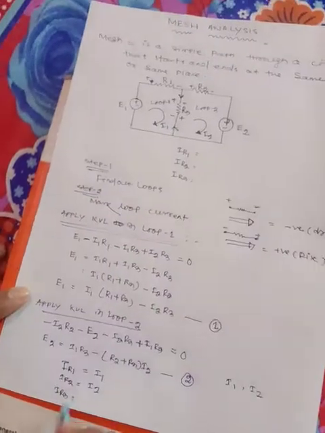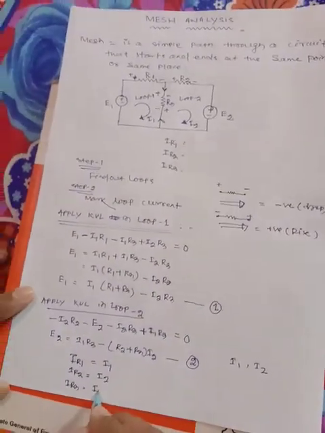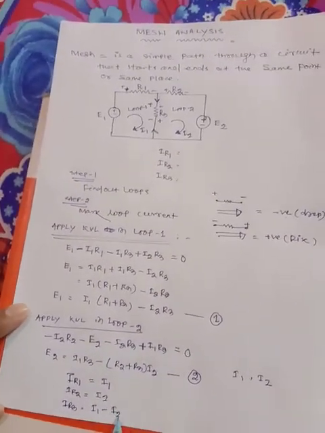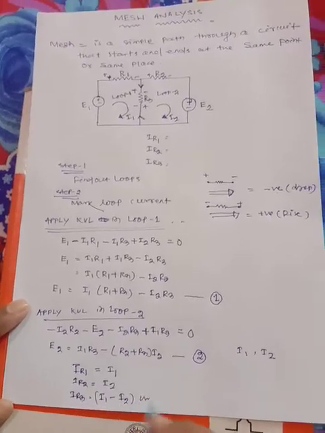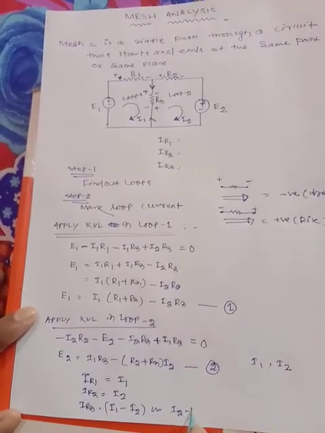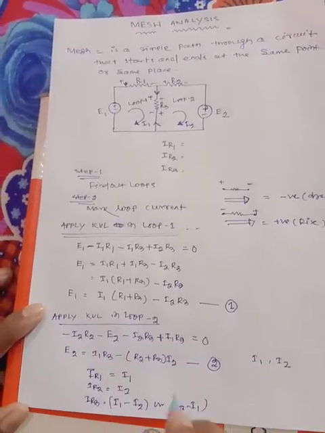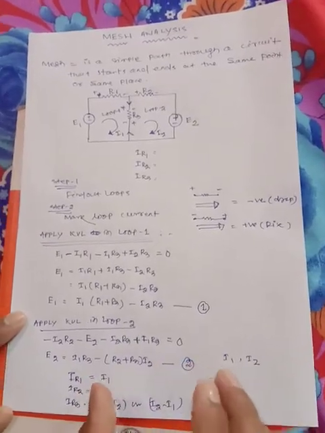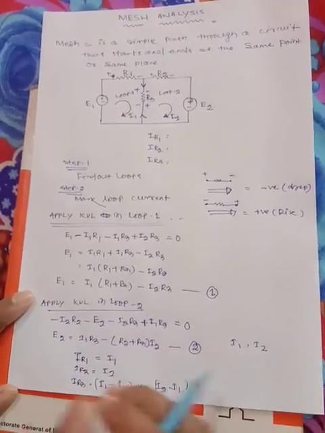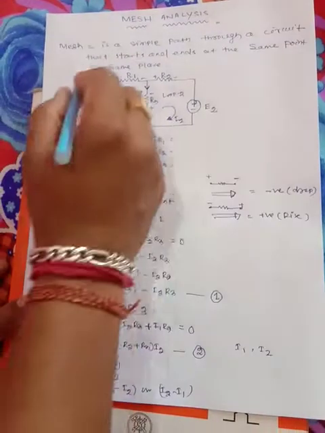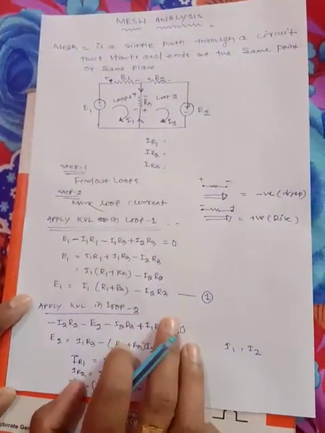So here it is I1 minus I2 or I2 minus I1, depending upon which value is more. So this is the fundamental of mesh analysis.